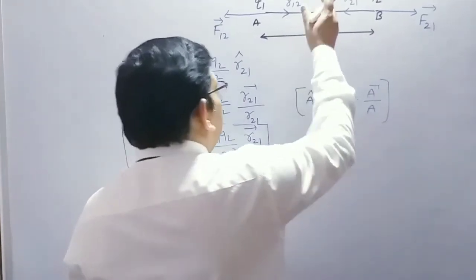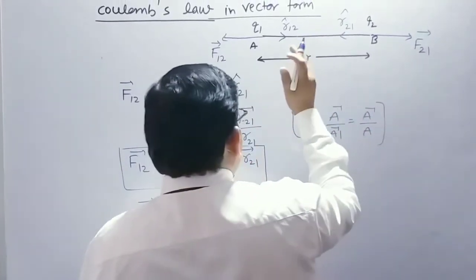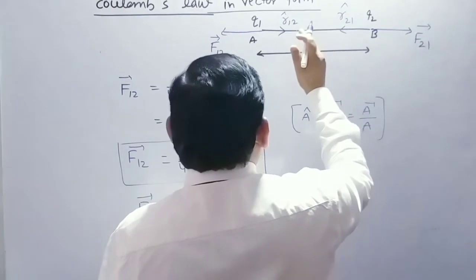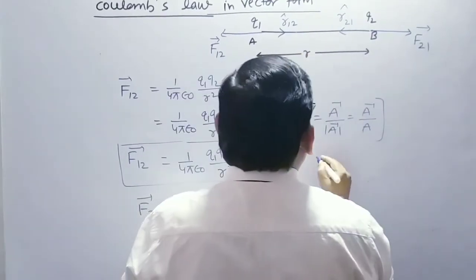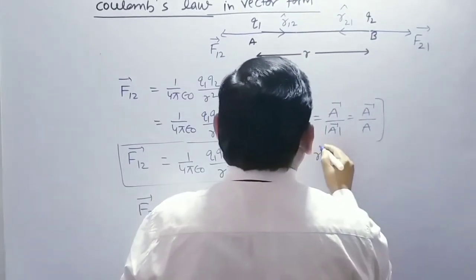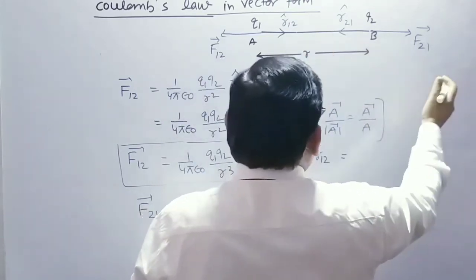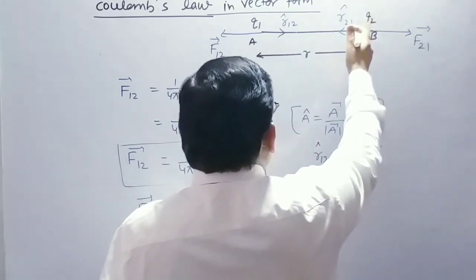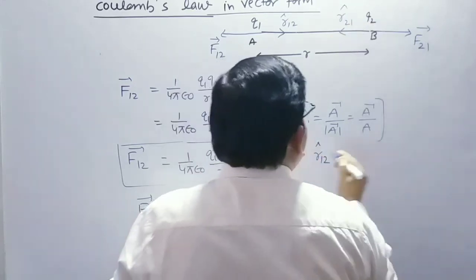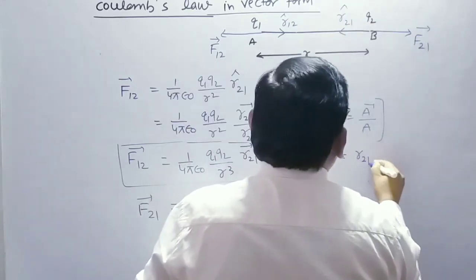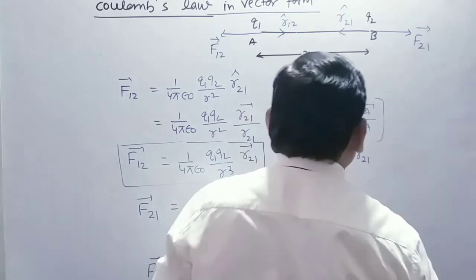Also look, the unit vectors which give the direction, and the directions of the forces, are opposite to each other. The unit vector r12 is directed from left to right, and the unit vector r21 is directed from right to left, equal and opposite.